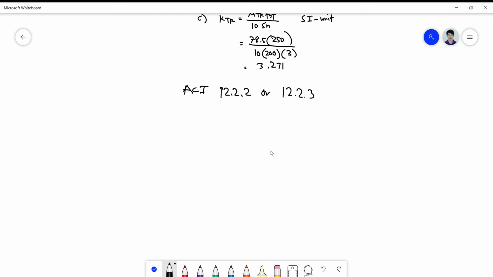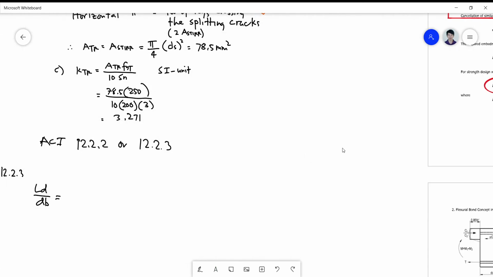Okay, let's try to use now, class, the formula 12.2.3, which is LD over dB is equal to, okay, let me look into the formula.